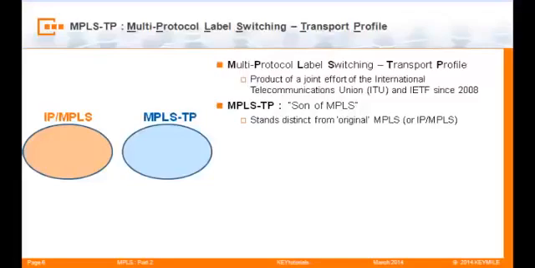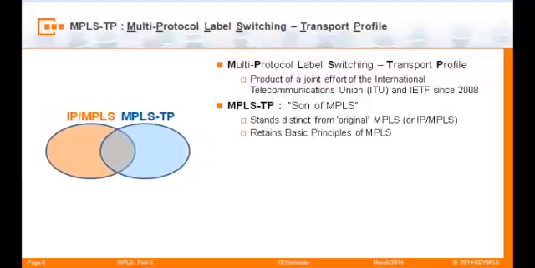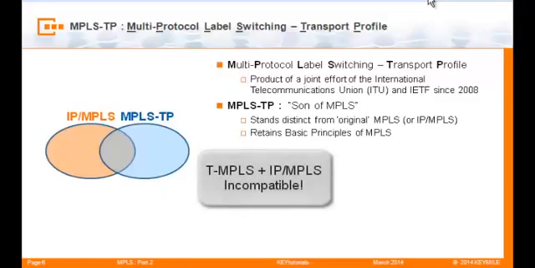It's more like the son of IP MPLS. It stands distinct from IP MPLS, but is related. MPLS TP has the DNA, we could say, of IP MPLS. And importantly, it is compatible with IP MPLS, which the ill-fated TMPLS was not.